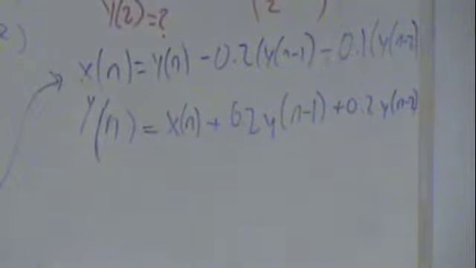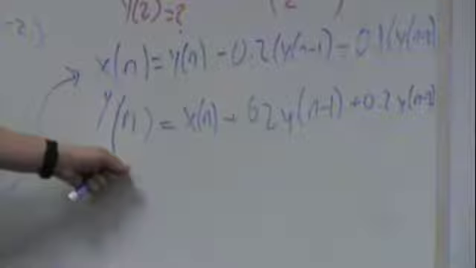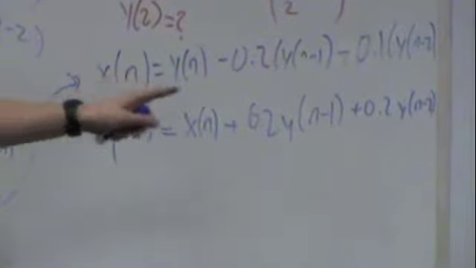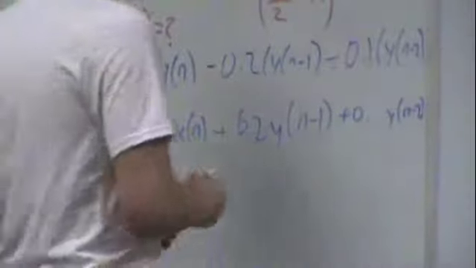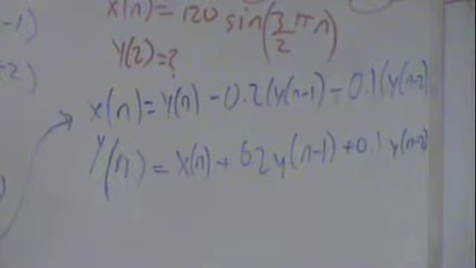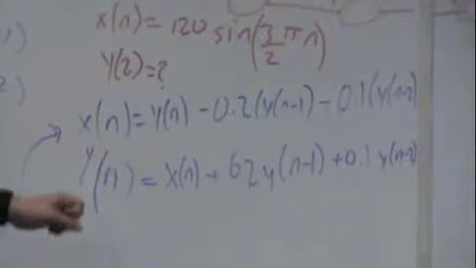So we start off with it being 0.1. Forgive my algebra. Okay, so then we start plugging in values. We know that before the impulse function, everything's 0.